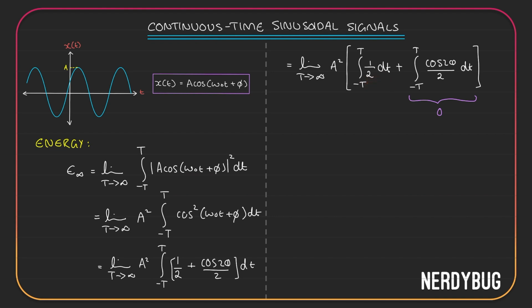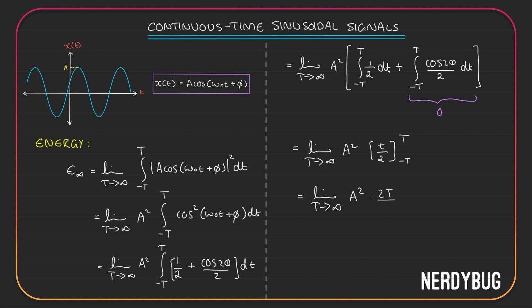Our calculation becomes easier. We get limit T tends to infinity A square, integral of half dt is half t, or t by 2, from minus T to T. And this is limit T tends to infinity A square, T minus minus T, we get 2T.